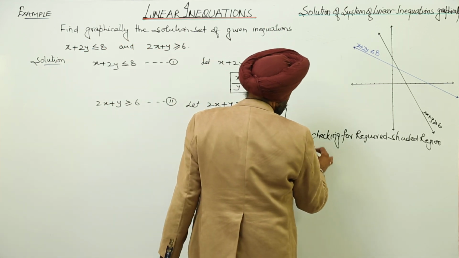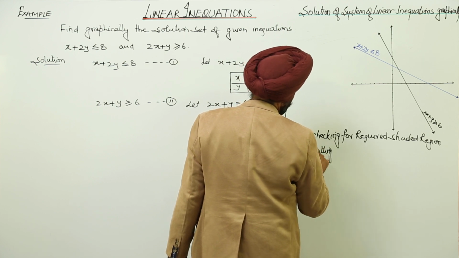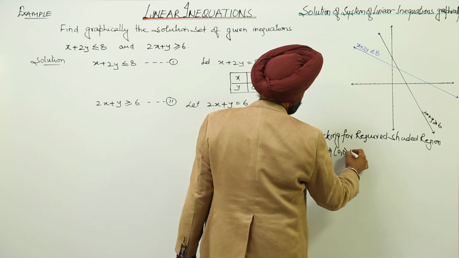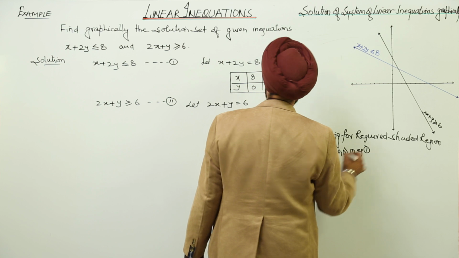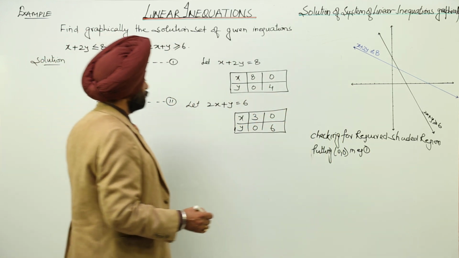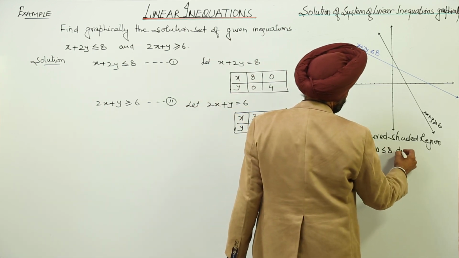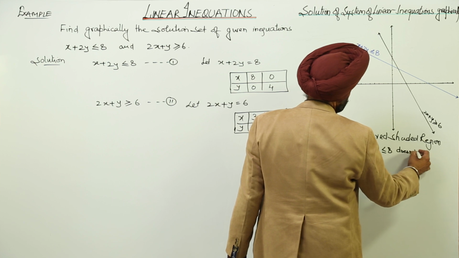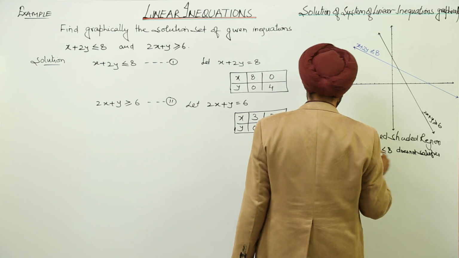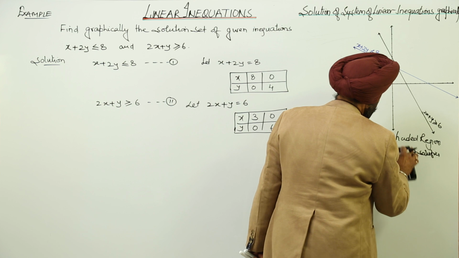Now putting 0 comma 0 in equation 1. 0 is less than or equal to 8, does not satisfy. Sorry, 0 is less than 8, it satisfies.